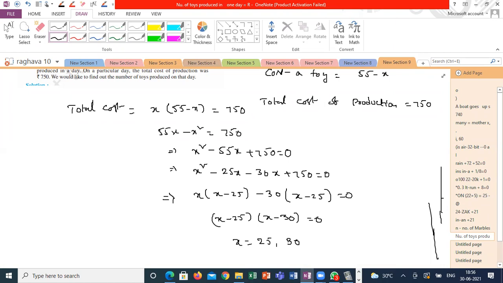In both cases, your production cost is only 750 rupees. Guys, is it clear? Yes, sir.